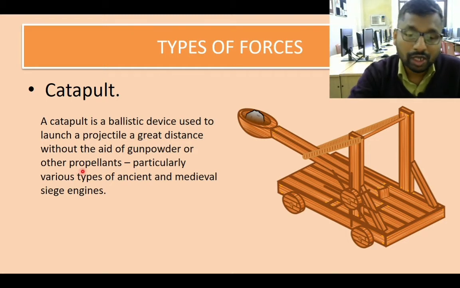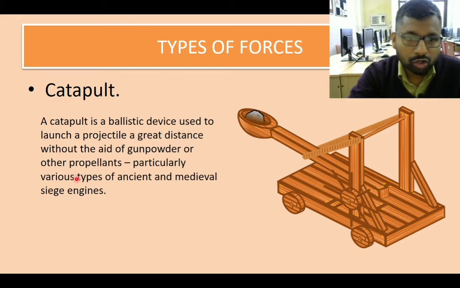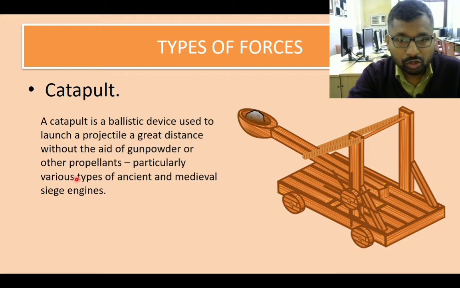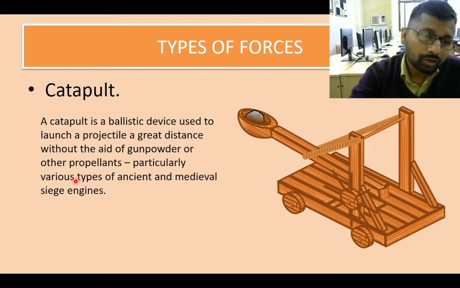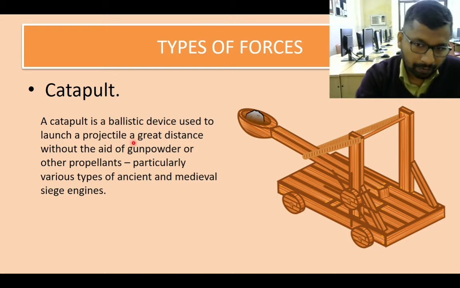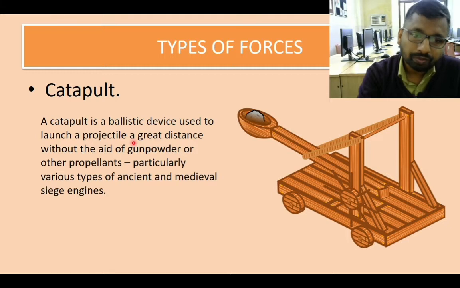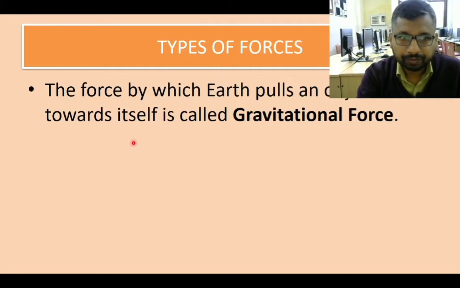In early days, when there were frequent wars between two regions, between two groups, they used the catapult. This is entirely a manual device. We don't have any gunpowder, no propellants, so that is a catapult.